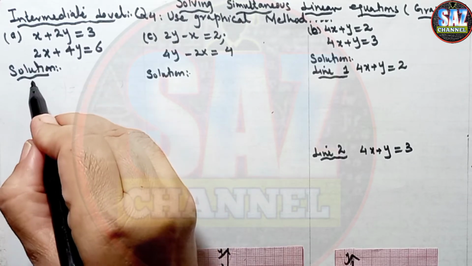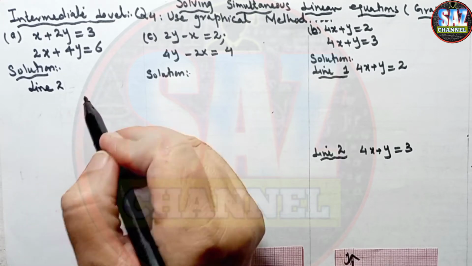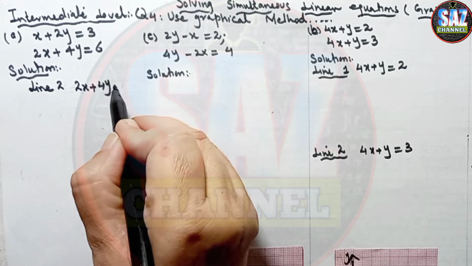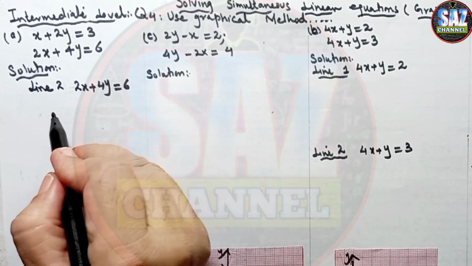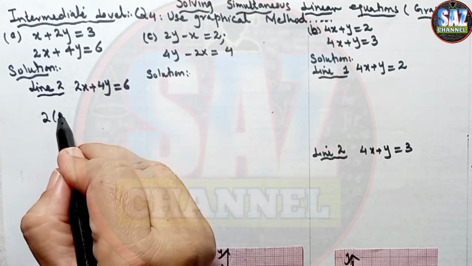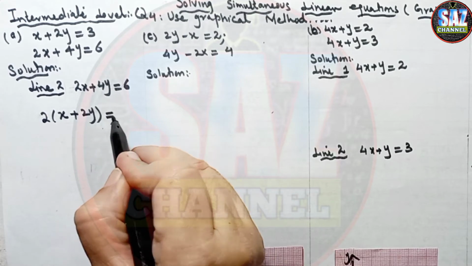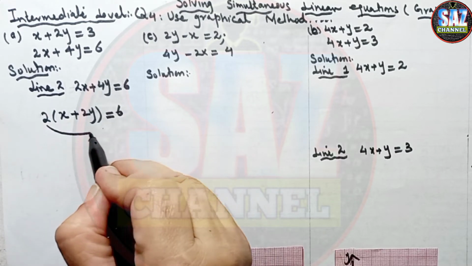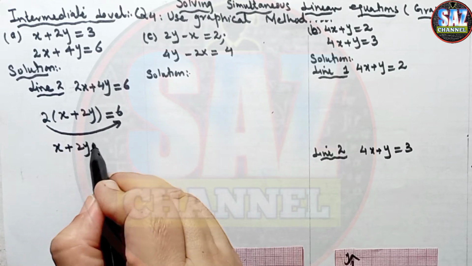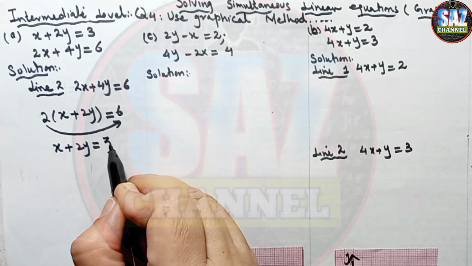In the second equation, 2x plus 4y equals 6, we can take 2 common, and the equation takes the form x plus 2y equals 6 divided by 2, which gives me 3.